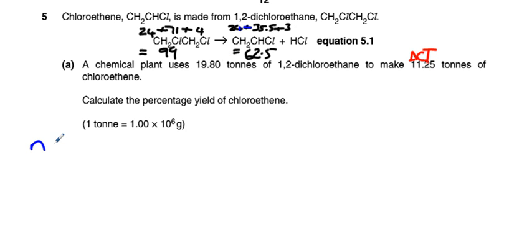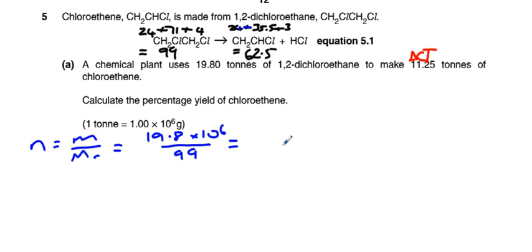So n equals m over MR. We've got 19.8 times 10 to the 6 over 99, which gives 2 times 10 to the 5. So that's the number of moles I've got of 1,2-dichloroethane.